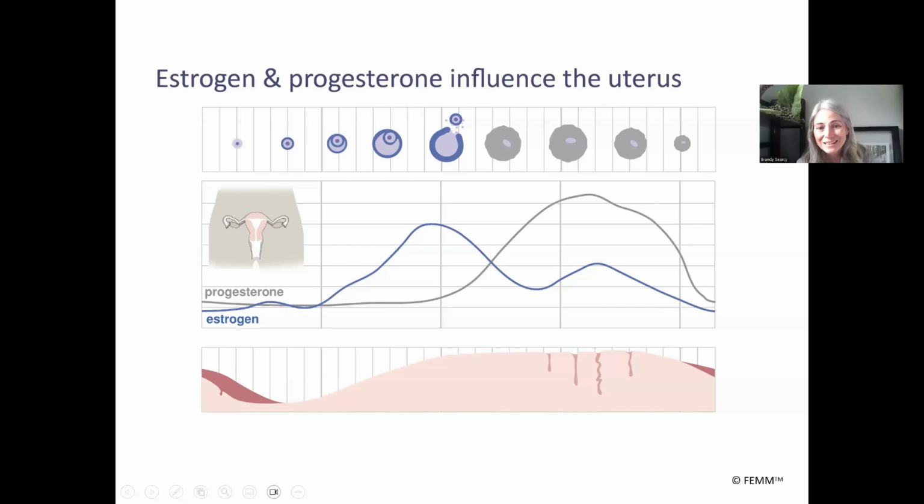It starts during your period because this is when your follicle stimulating hormone is already starting to rise. Again, FSH is the hormone that feeds or fuels the development of the follicles.